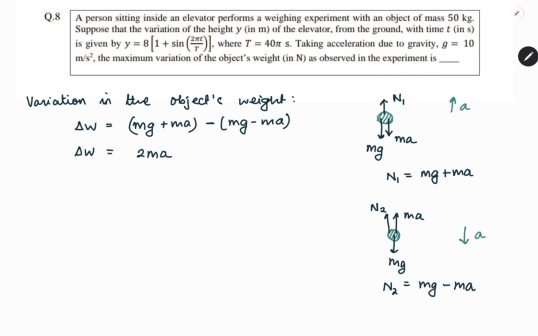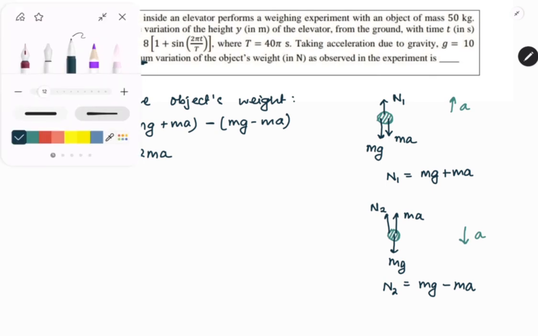So this is the variation which we are looking for. Now the only thing which we need to do is to calculate the maximum magnitude of acceleration, because the problem is asking us for the maximum variation possible. And for that we have this expression.